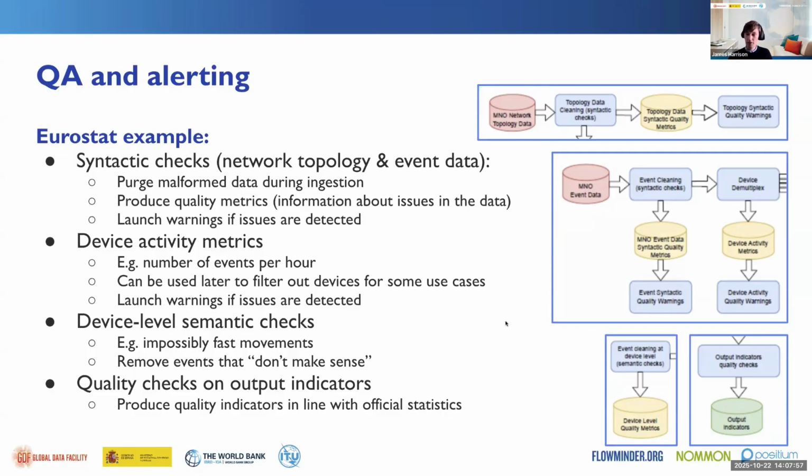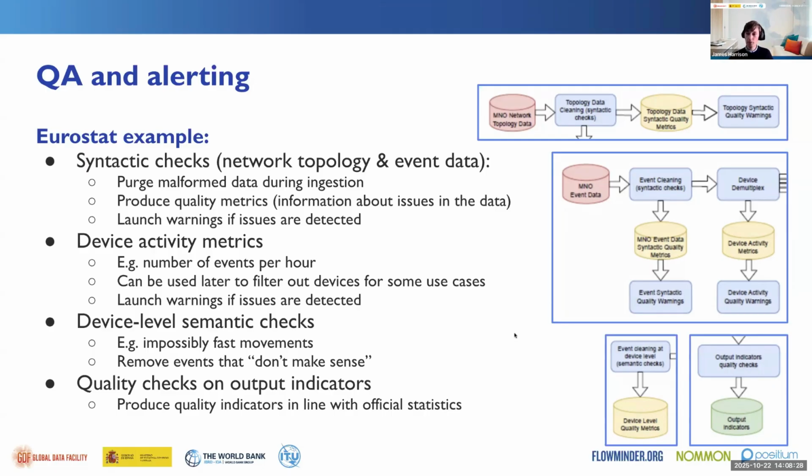So for example, if a particular device is insufficiently active to infer a location, then we might want to filter those out. Similarly, if a device has a very large number of events, maybe they're not an ordinary phone user, that could be a call center or something like that. So again, we might want to filter out those. And again, as with the other stages, if we detect issues, launch warnings so that somebody can have a look at those.